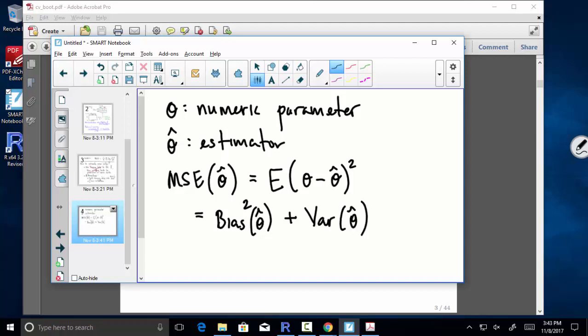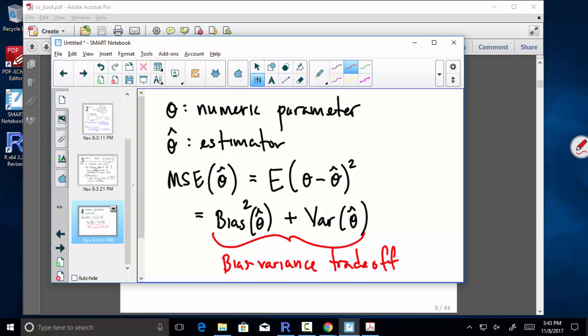That's in the Introduction to Statistical Learning book. But you can show that the mean squared error of a numeric estimator is equal to its bias squared plus its variance. And so there is what's called a bias-variance trade-off. You might have an unbiased or very nearly unbiased estimator, but if it has a high variance, it may still be suboptimal.